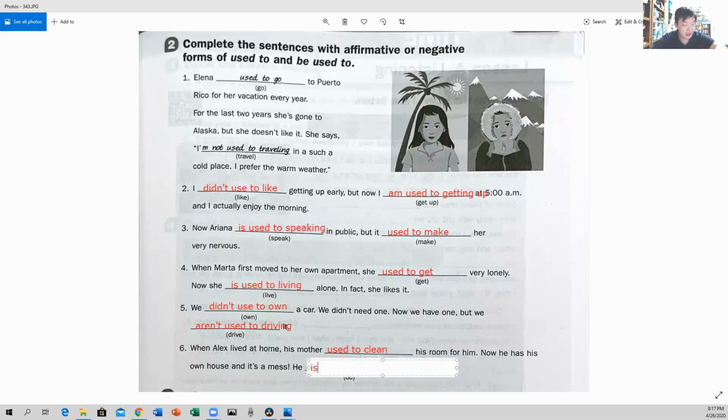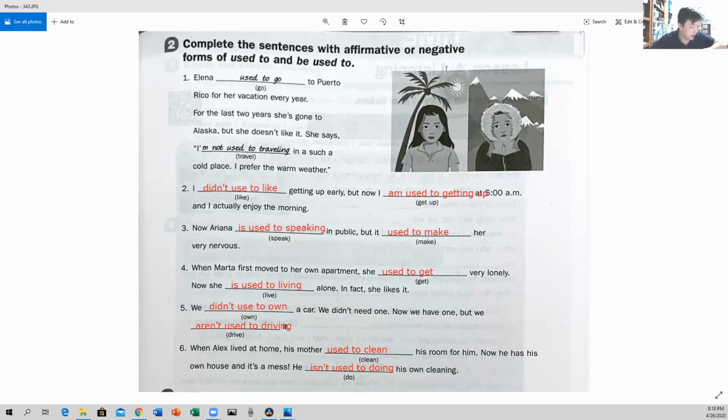So he isn't used to doing his own cleaning. Okay? How was it? I know it's kind of complicated, but you will get it, okay? Trust me.